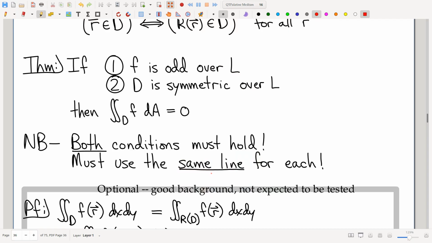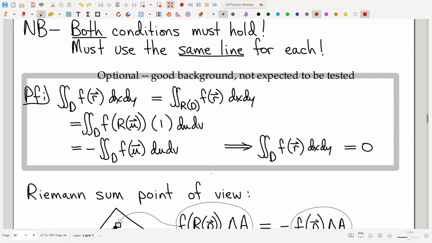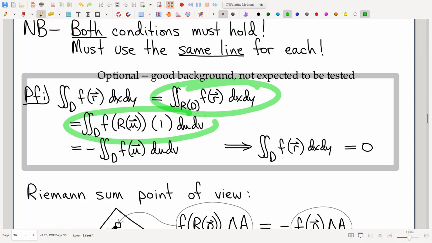Okay, now let's see why this is true. Well, the change of variables argument is exactly the same. If we have a symmetric domain, then it is its own reflection. An integral over a reflection is an integral over an image, and you can pull back. The usual pullback. And again, notice my stretching factor. When you're reflecting, it doesn't matter what line you reflect over. Reflections always preserve areas. So the stretching factor is always 1.